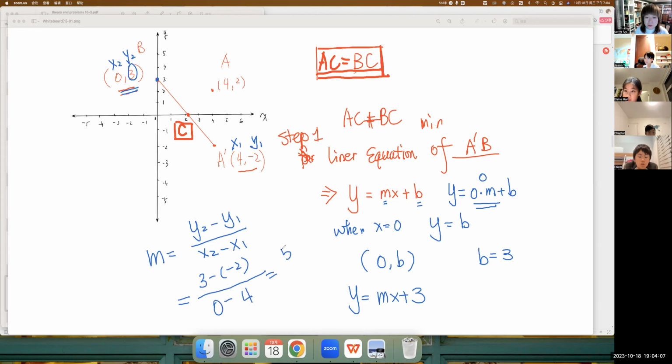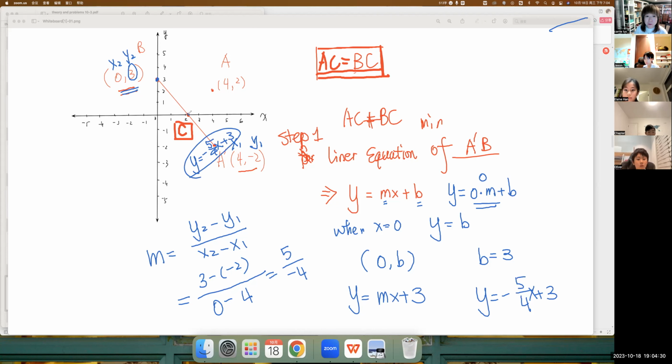The answer is 5 over negative 4. So we have the equation y equals negative 5 over 4 x plus 3. Sorry, I missed an x. This line represents y equals negative 5/4 x plus 3.